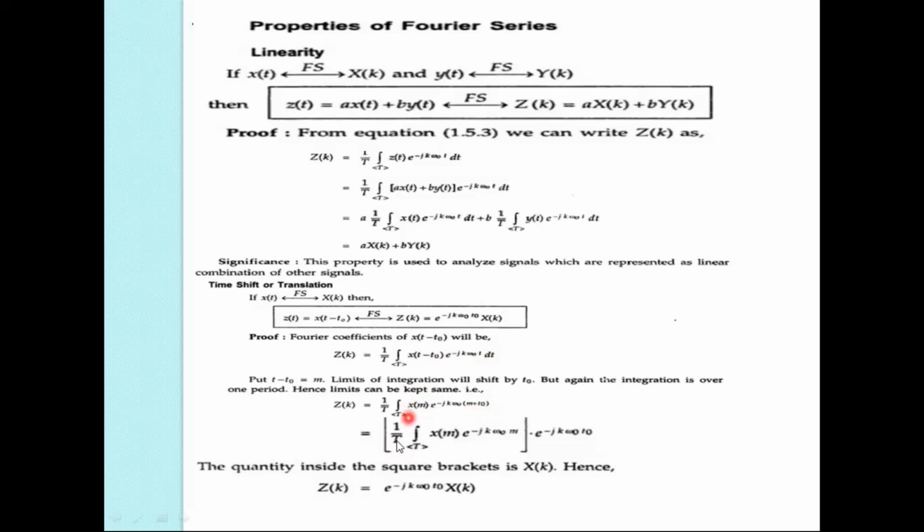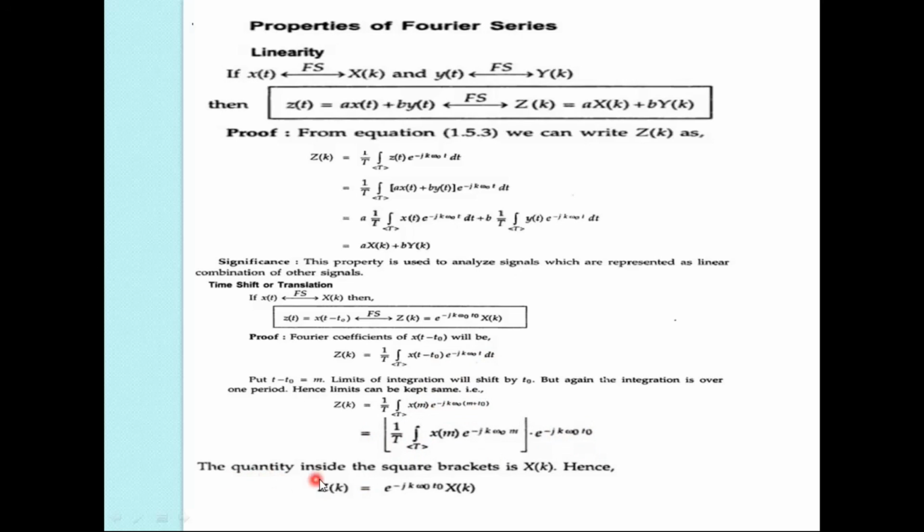Rewrite the expression: 1 by T, the integral over T, x of m, the first exponential e power minus jk omega naught m will be multiplied with the second exponential e power minus jk omega naught t naught.